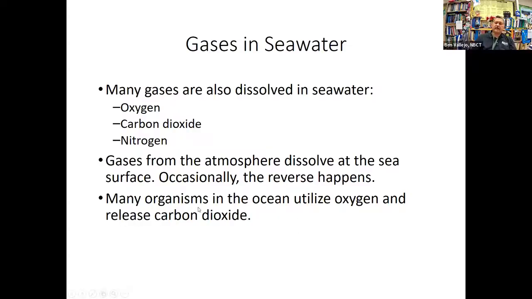And then this bullet points out that many organisms in the ocean utilize oxygen and release carbon dioxide. And that's true for land animals and plants also. You probably are familiar with the idea that animals use oxygen through respiration and then breathe out carbon dioxide, and the plants take that carbon dioxide and use it for photosynthesis, and we have that cycle. But it's more proper to say that a plant can make its own food, but if a plant's making its own food, it's going to use that food too.